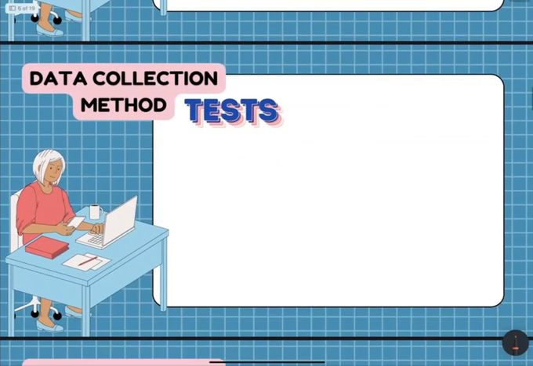Okay, now we have your tests. Yes. So your test, of course, is a method. And the instrument here is also tests. So test is both a method and an instrument because it can interchangeably be used, or this particular method is also a tool in itself.